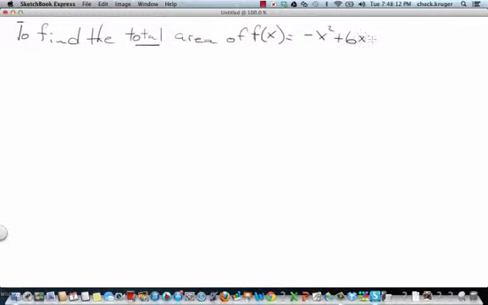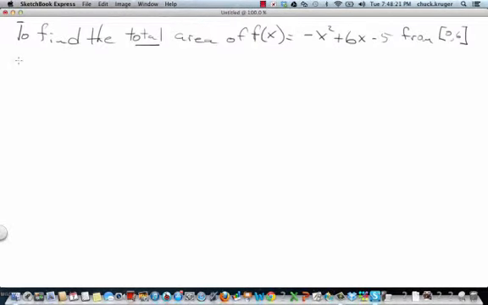Hi, we're still doing absolute value, and in this case, the problem asks to find the total area, and the keyword here is total, of f of x equal to negative x squared plus 6x minus 5 from 0 to 6.